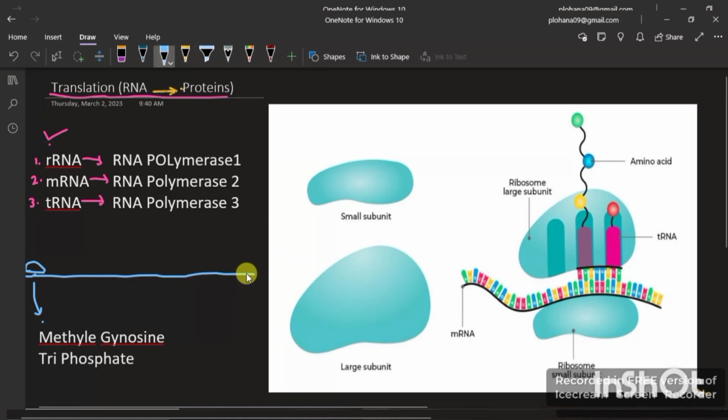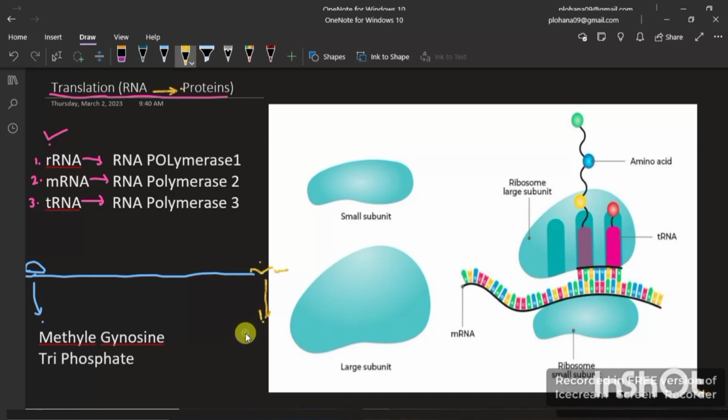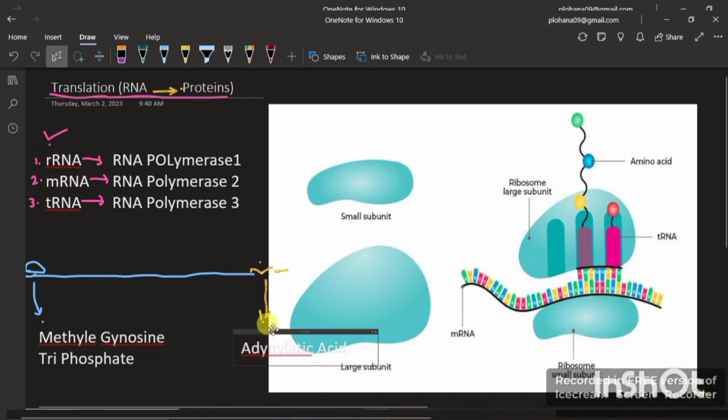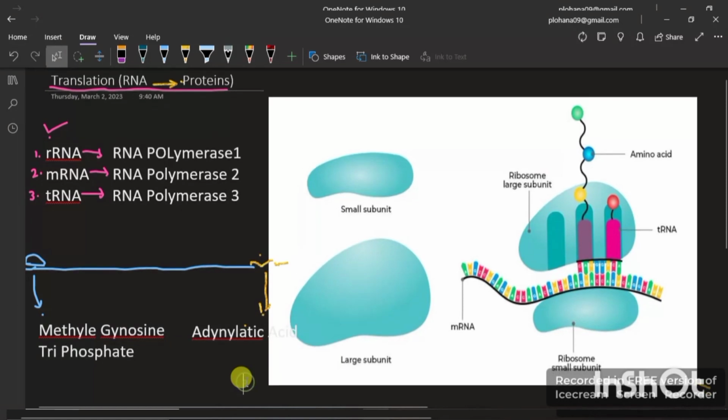Then here we did tailing. As you can see here, it was done by using adenylic acid, which we use for making the tail.